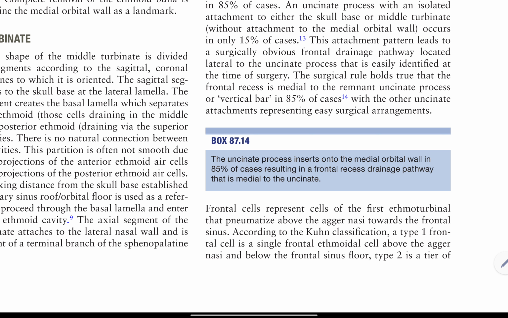medial to the uncinate. Frontal cells represent cells of the first ethmoid terminal that pneumatize above the agger nasi towards the frontal sinus. According to the Kuhn classification, a type 1 frontal cell is a single frontal ethmoidal cell above the agger nasi and below the frontal sinus floor.